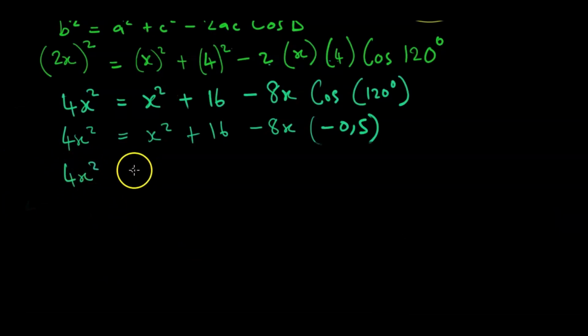So it's 4x squared is equal to x squared plus 16. Then what is minus times minus? I know it's a plus. Please revise my directed numbers. These are fundamentals of mathematics. You should know how to deal with them. If you do not remember, I have recorded lectures and lessons on the directed numbers.